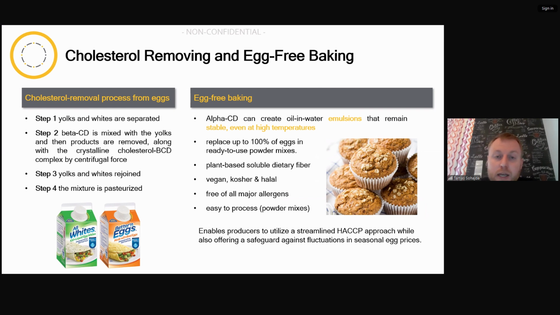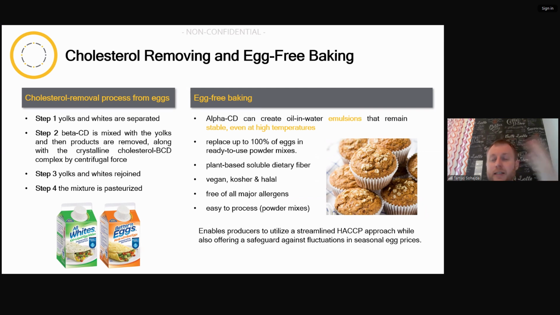Cyclodextrins can be used to remove certain unwanted components of foods. For instance, there are quite a few products where cyclodextrins are used to remove cholesterol from butter, from eggs and stuff like that.